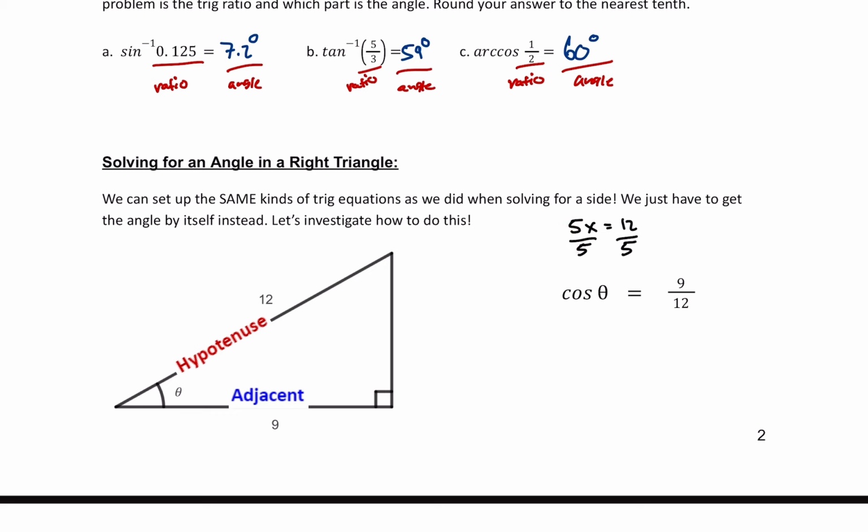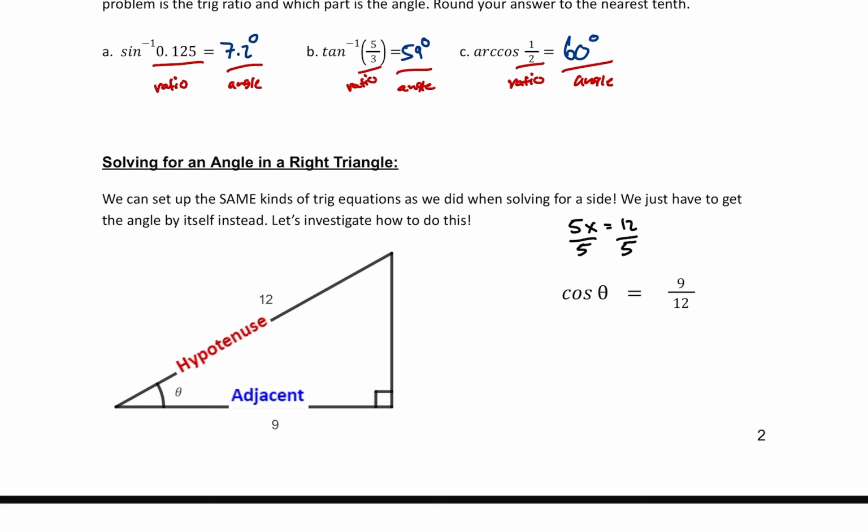Now applying that to this question here, if cosine of theta is my operation, and I'm trying to do the inverse of that, we talked about the inverse of cosine being the inverse cosine or arc cosine. I have to do that to both sides here.